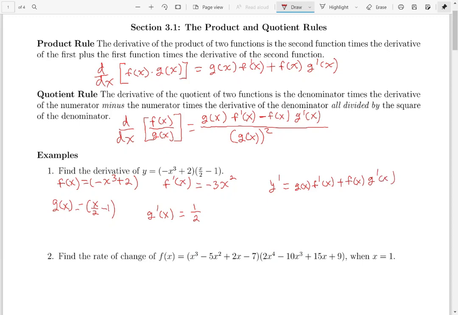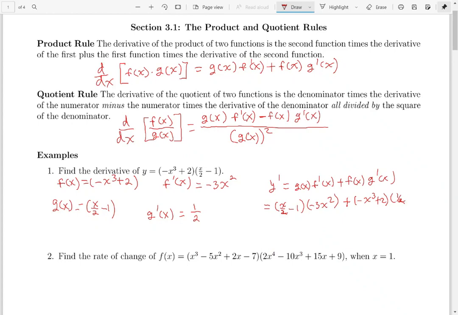Because I've done all this work already, we know that g of x is x over 2 minus 1, times f prime of x, which is negative 3x squared, plus f of x, which is negative x cubed plus 2, times g prime of x, which is 1/2.